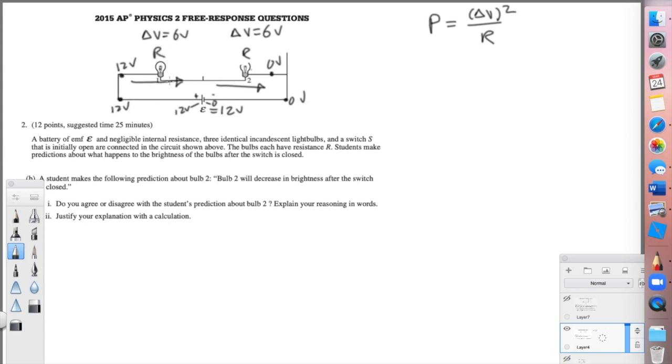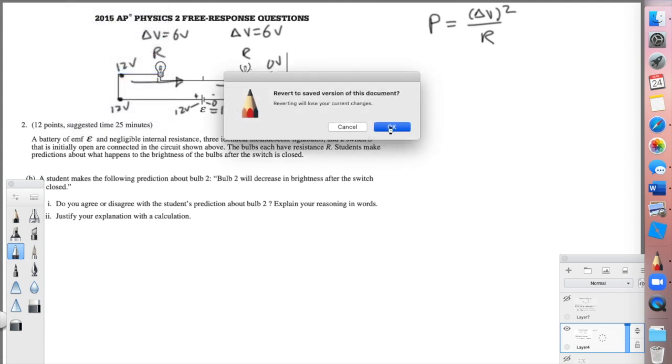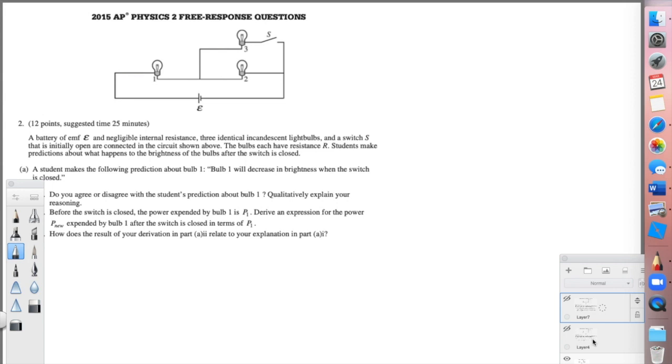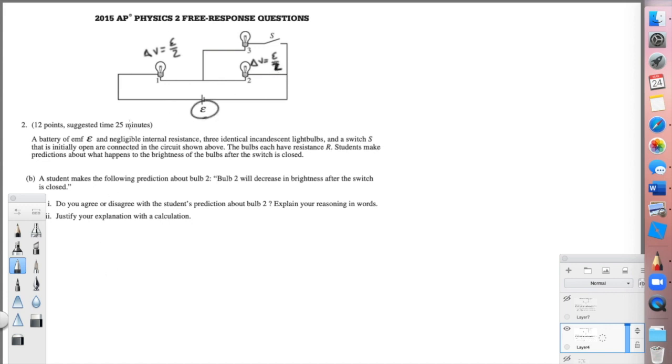So in terms of the given variables, we could say with the switch open, the voltage here is equal to E over 2, and the voltage here is E over 2. This voltage gets split equally.